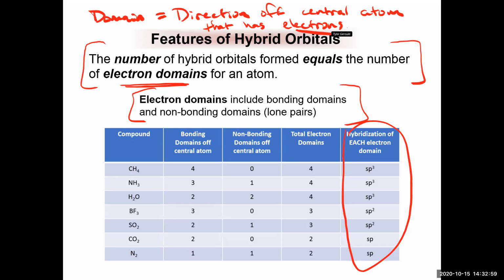So the key to hybridization is counting how many electron domains you see. How many directions are coming off this central atom. That's the key. And so this is just a strategy I can show. The concept of hybridization is relatively complex, but the actual practice of identifying hybridization type is really straightforward when you know what to look for.